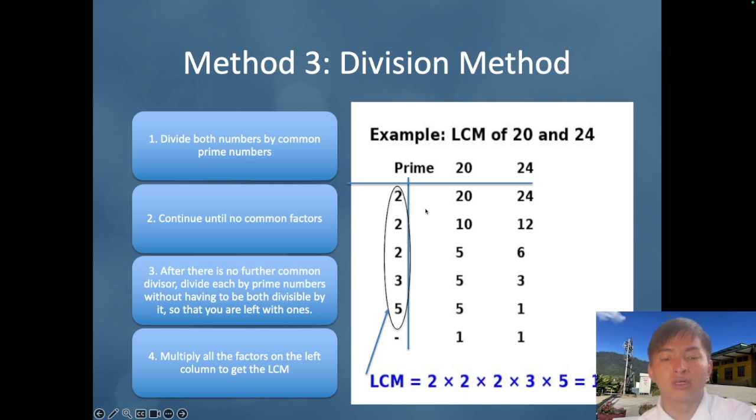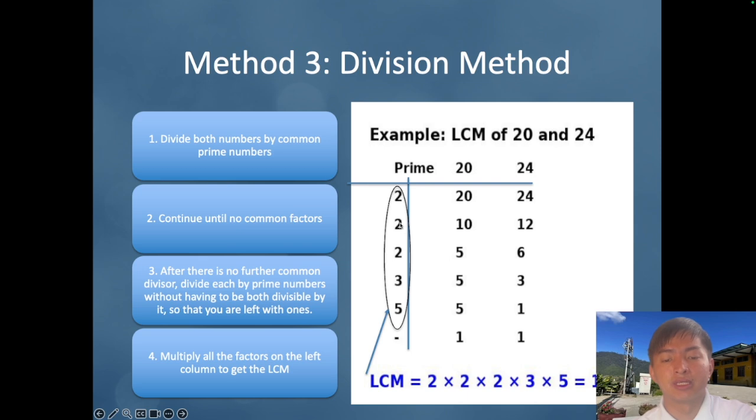Now first check if it's divisible by 2, because 2 is the first prime number in the sequence of prime numbers. So you find out that both 20 and 24 are divisible by 2. So if it's divisible by 2, then you write 2 on the left hand side and you divide 20 and 24 by 2, so you get 10 and 12.